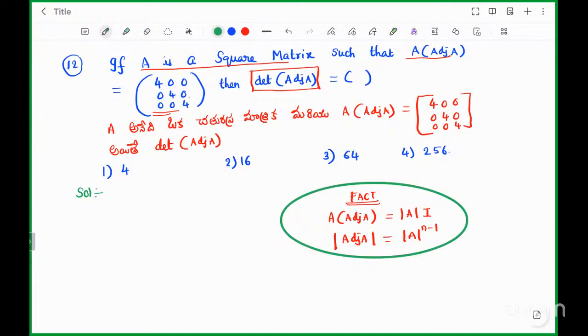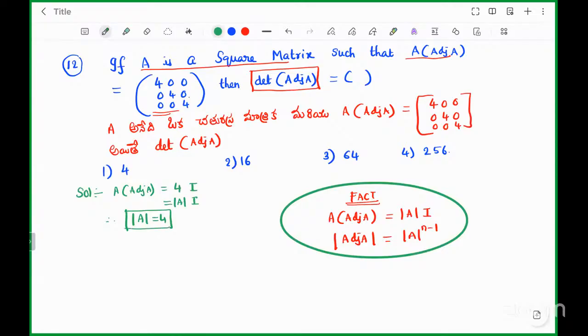Take 4 common, you get 1 0 0, 0 1 0, 0 0 1, that is nothing but I. Comparing with det A into I, the determinant A is equal to 4.